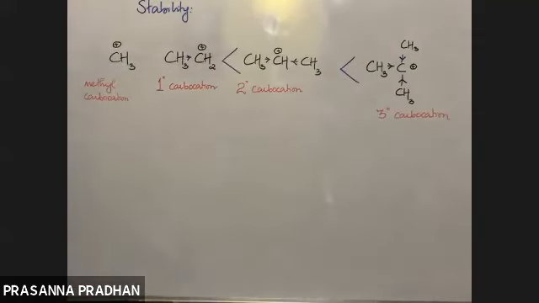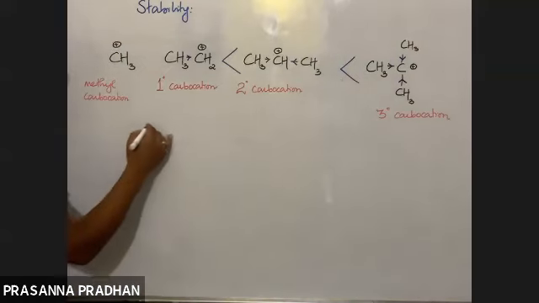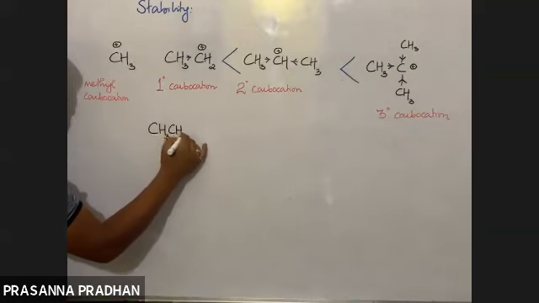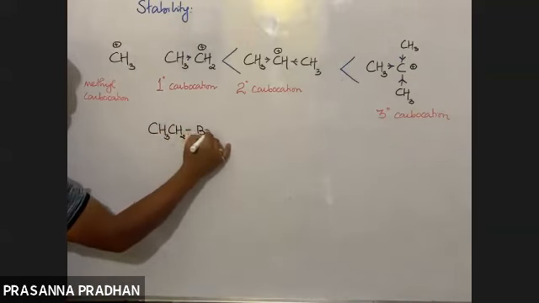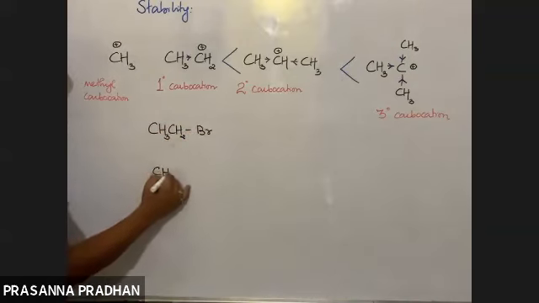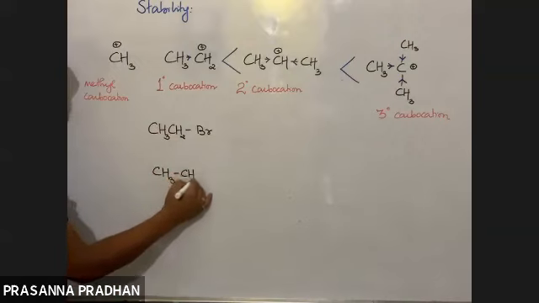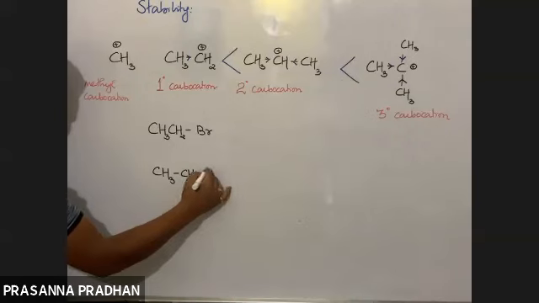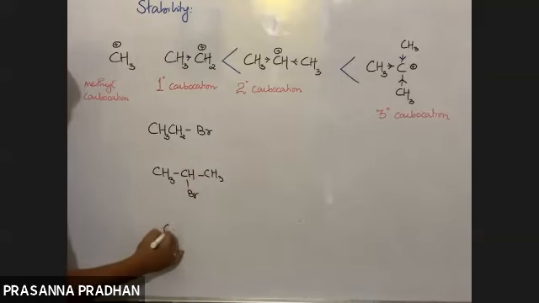So once again, I'll give you three structures out here. I'll again draw ethyl bromide or chloride, iodide, whatever, and I'll draw tertiary.